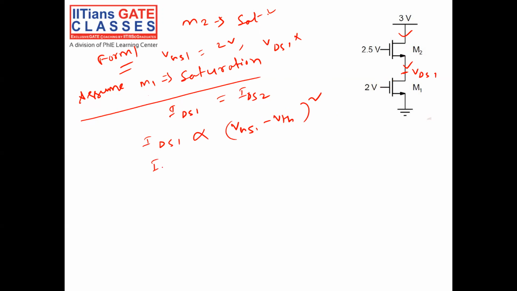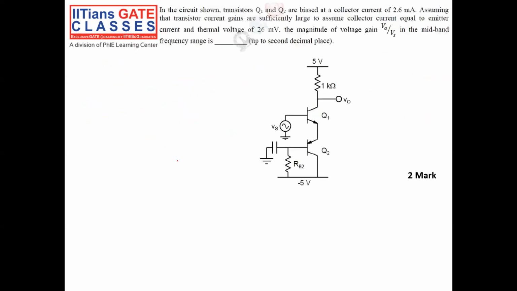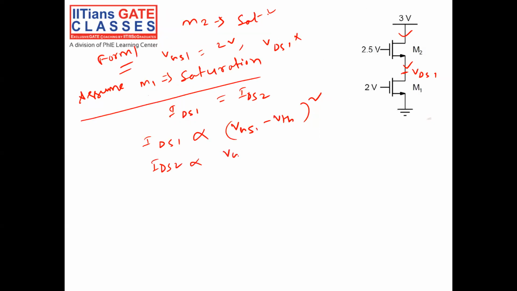Similarly, IDS2 is proportional to (VGS2 minus VTH) whole square, right? Since the currents are equal, definitely VGS1 minus VTH should be equal to VGS2 minus VTH. Then only my currents can be equal, because current depends directly upon VGS1 minus VTH and VGS2 minus VTH. The current can be the same only when these two are the same.